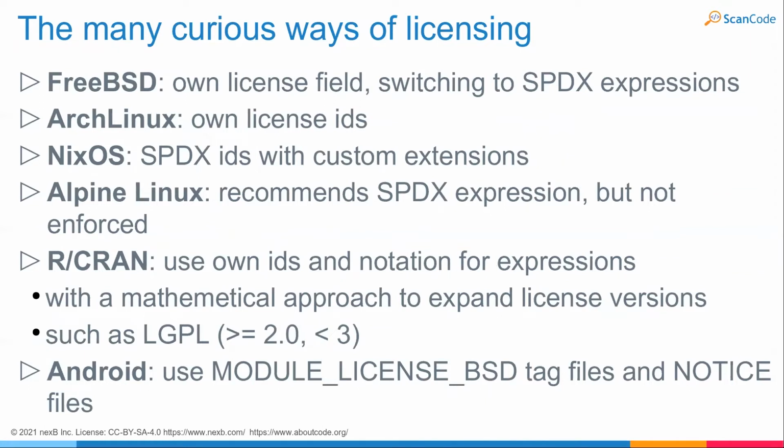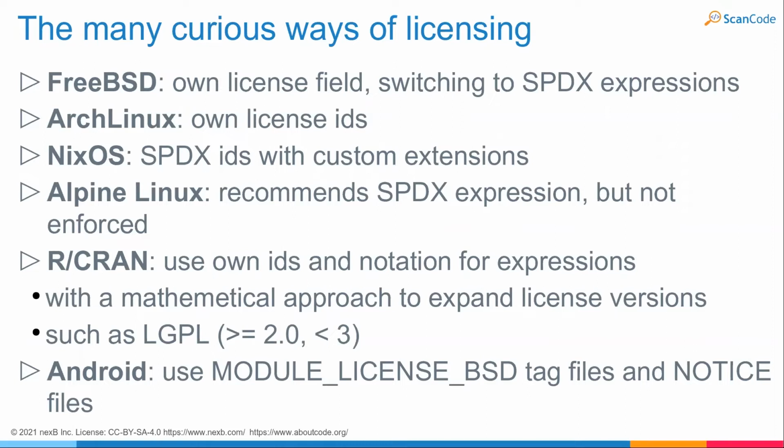I won't comment on each of these going forward, but one which is interesting would be R and CRAN, which is the Comprehensive R Archive Network. The R language is oriented towards statistics and math. And it's funny how the ethos of a given package ecosystem transpires down to the way they deal with licenses.